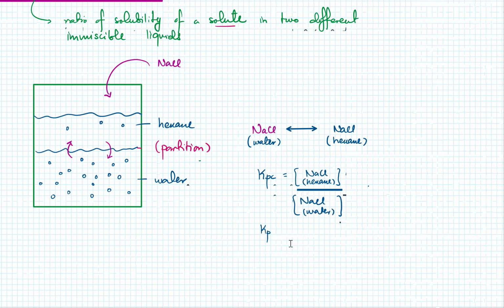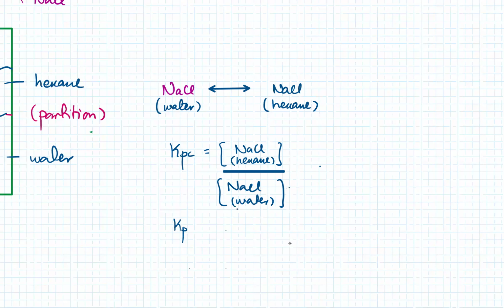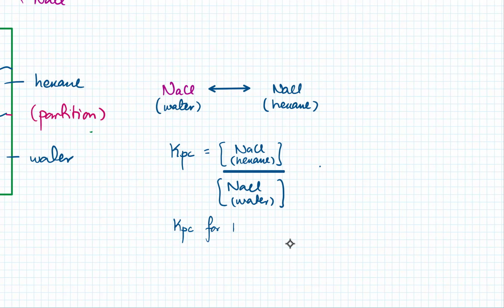So the way to remember this is that if they write calculate the KPC for NaCl between hexane and water, then make sure that the layer that appears first, like if they write hexane first, that's the numerator.